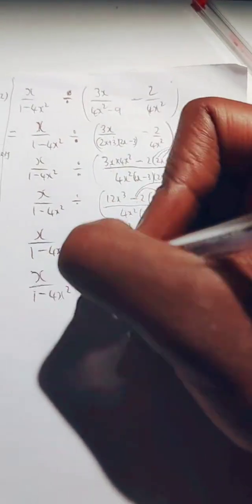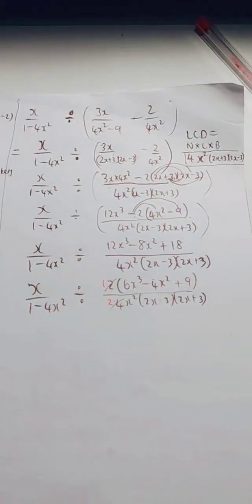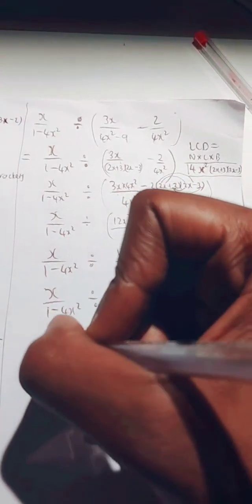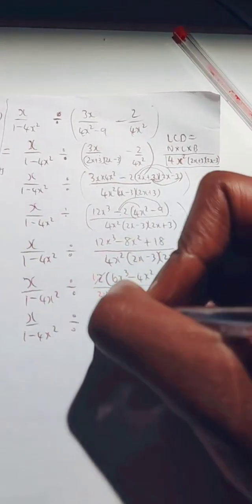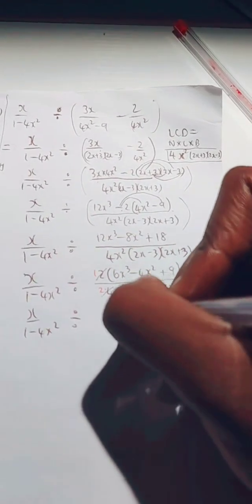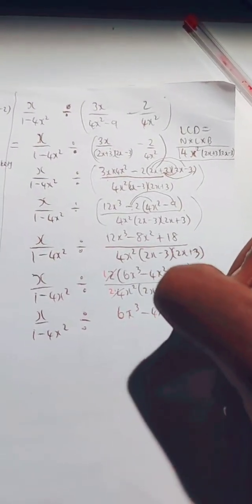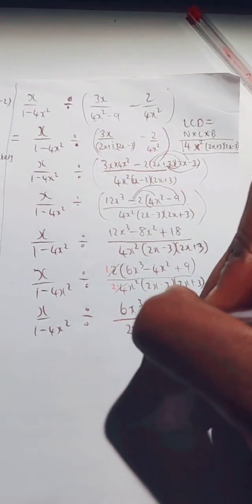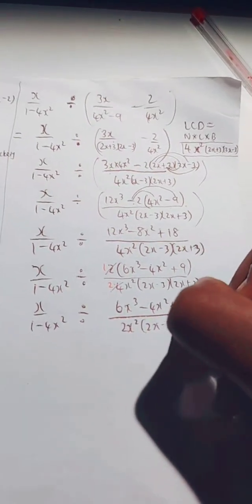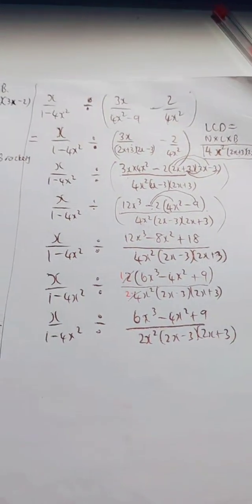Let's not forget x. Now we are left with x over 1 minus 4x squared divided by 6x cubed minus 4x squared plus 9 over 2x squared into 2x minus 3 into 2x plus 3.